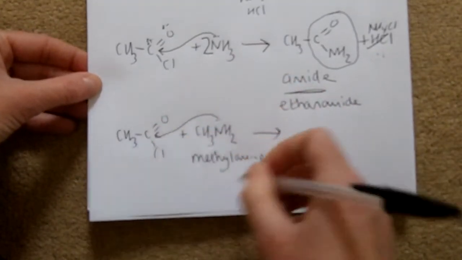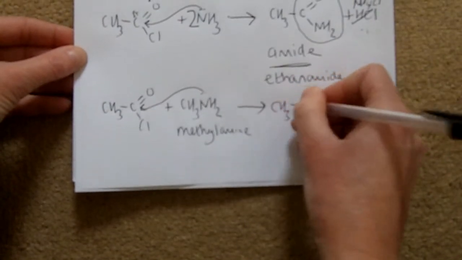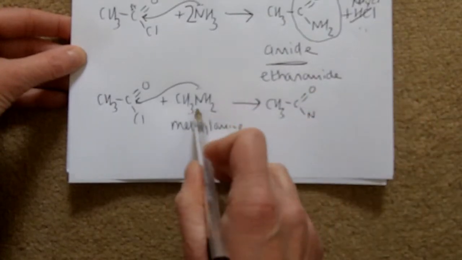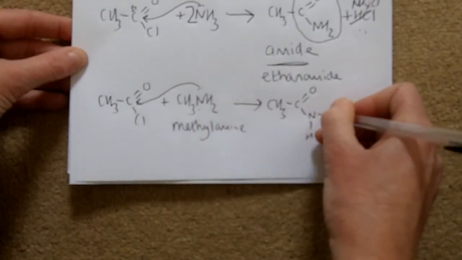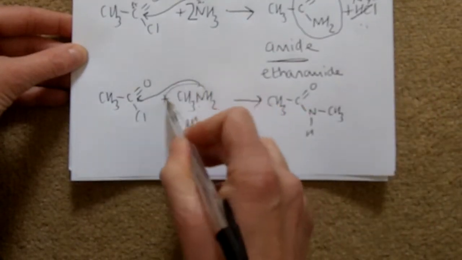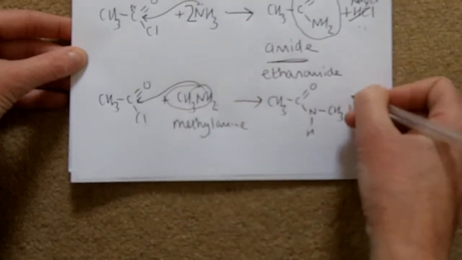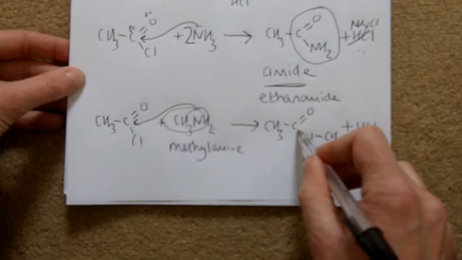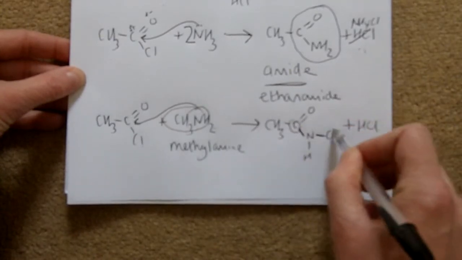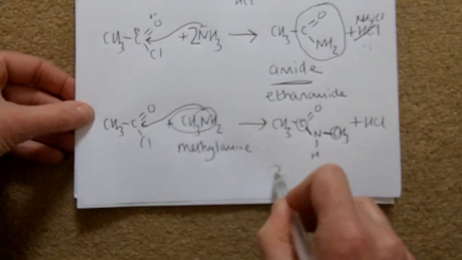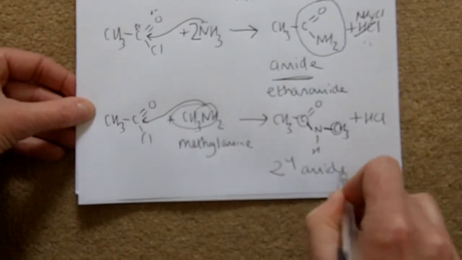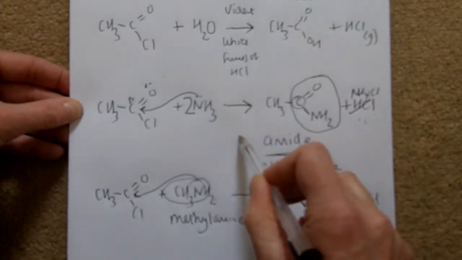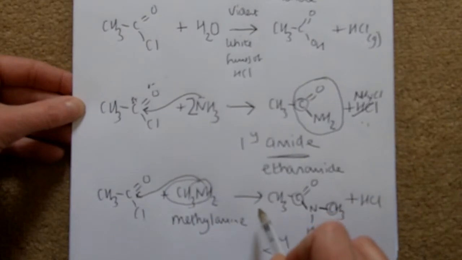You'll get an addition-elimination reaction, and instead of the Cl, you'll get an N, which can only have 3 bonds, so you've got to be really careful. This is called an amide, but this will be called a secondary amide because there are 2 carbons, whereas this one is called a primary amide because there's only 1 carbon. So that's amides.